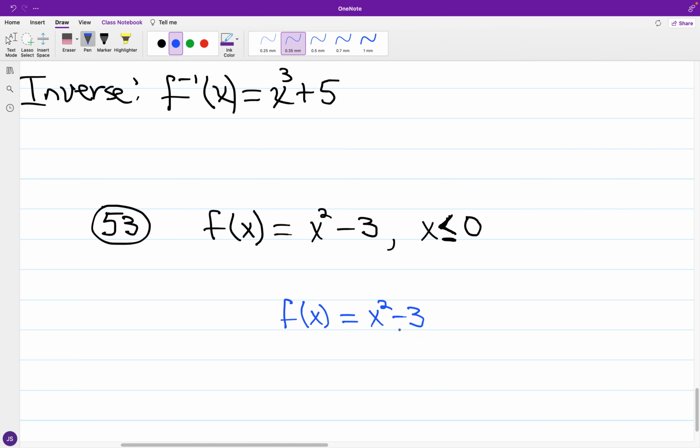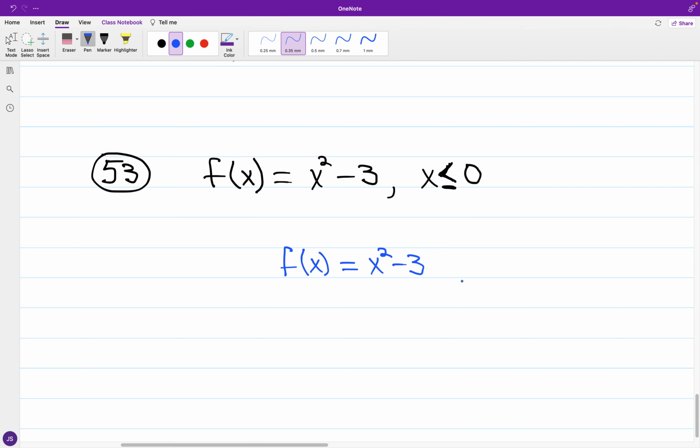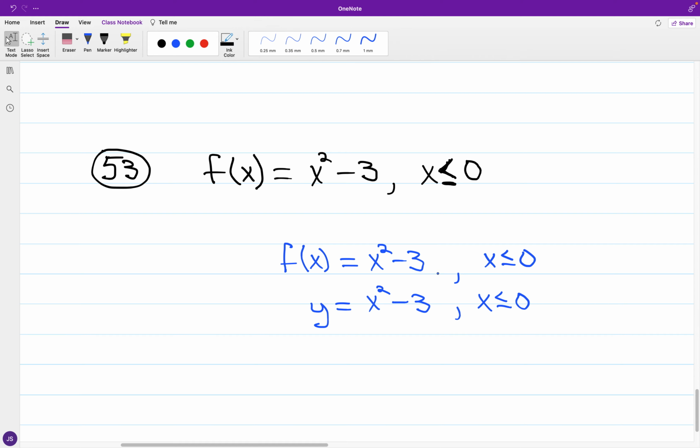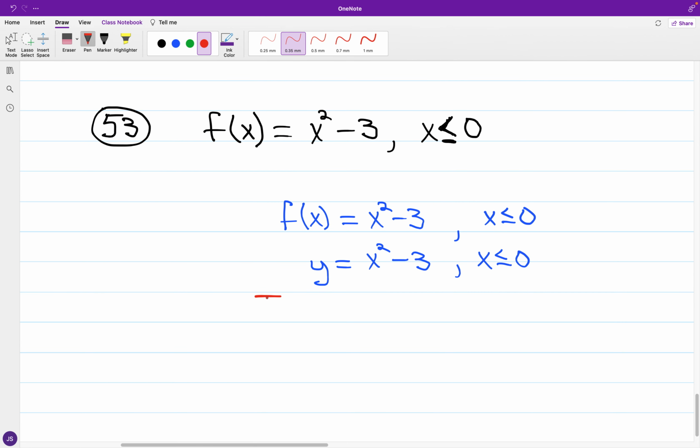we have f of x is equal to x squared minus 3, whereupon x is less than or equal to 0. Now in the crossover to the inverse, it's going to get a bit analytical, but we'll still have the same process, just entering the phase of interchanging the x and the y variables.